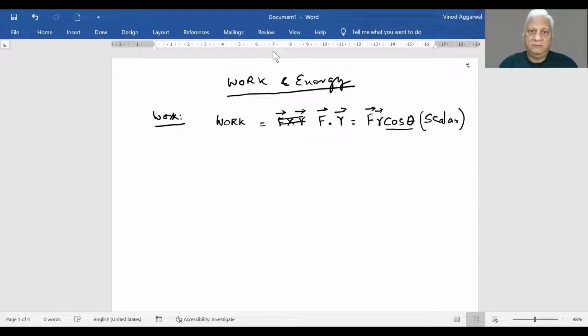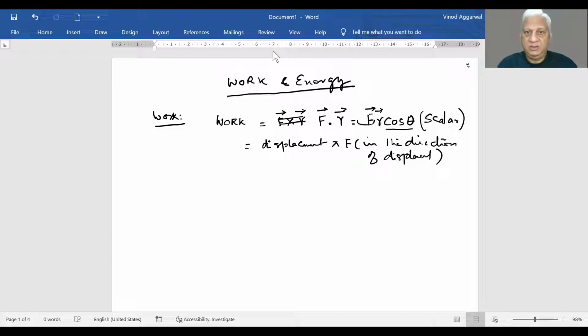So we can define work as displacement times the force in the direction of displacement. Basically, this portion F cos theta is the portion of force which is applied in the direction of displacement.